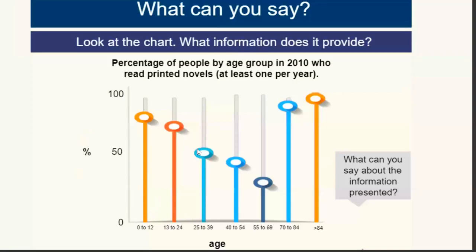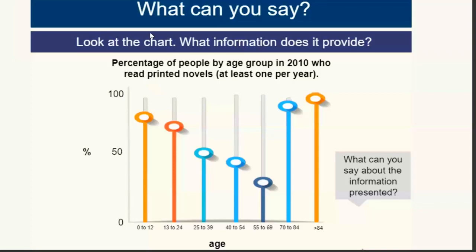But in this case, they all measure, for example, the literacy for books, printed novels. We're talking about the paper version of a book.